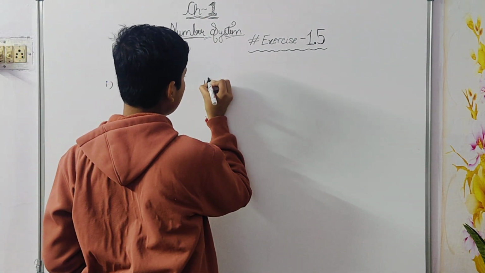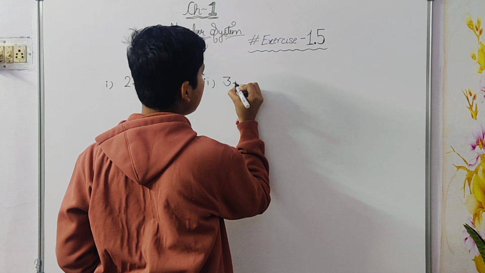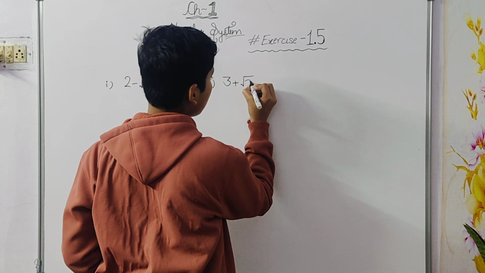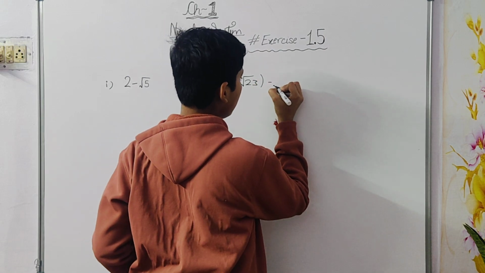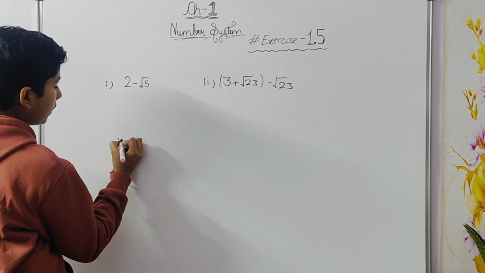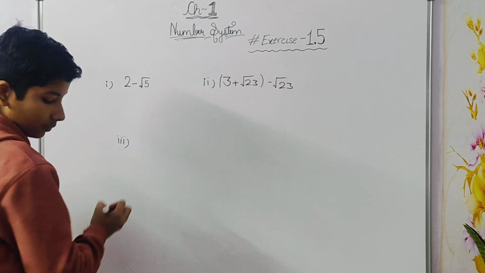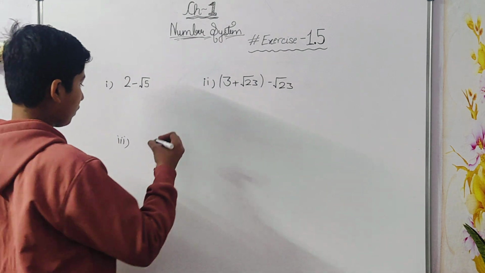Number 2, 3 plus root 23 minus root 23. And third one, 2 root 7 upon 7 root 7.